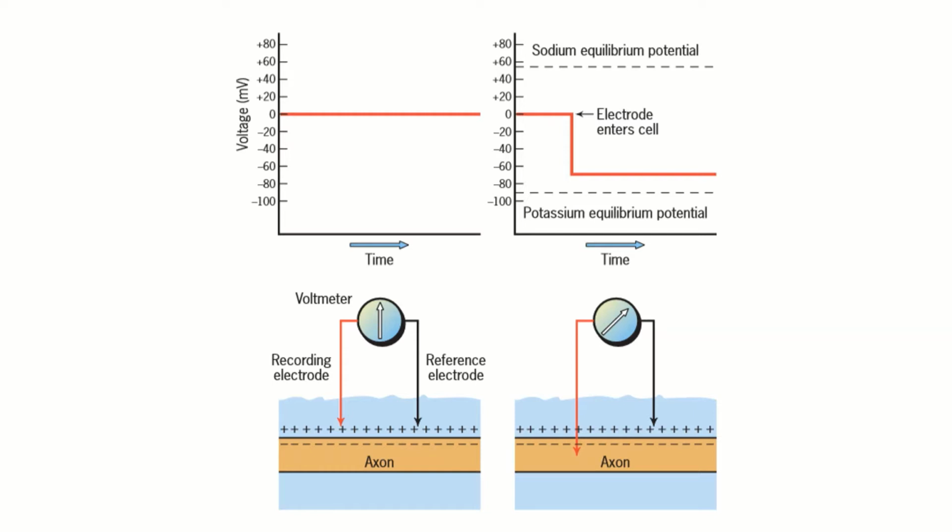For example, the outer side of the plasma membrane is more positively charged than the inner side of the plasma membrane, the one within the cytoplasm.